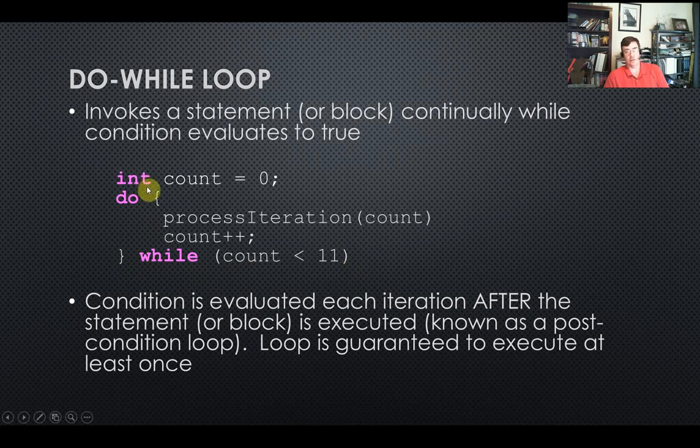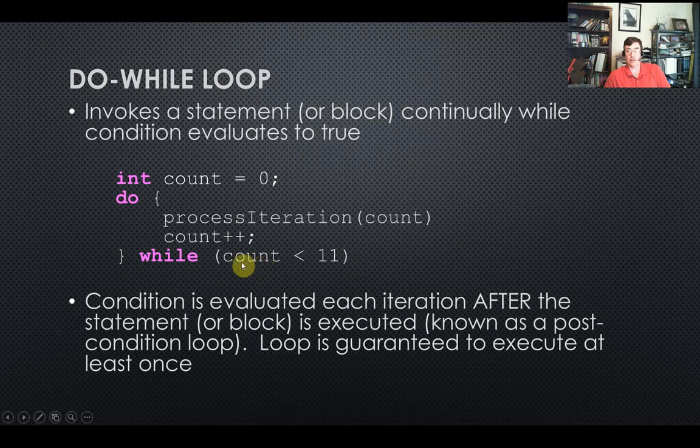So what this means is we're going to enter the loop. We're going to call process iteration, passing it count, which initially has been initialized to 0. And then we're going to increment count using the post increment operator. Then, after the loop body is invoked, we're then going to check to see if count is less than 11.